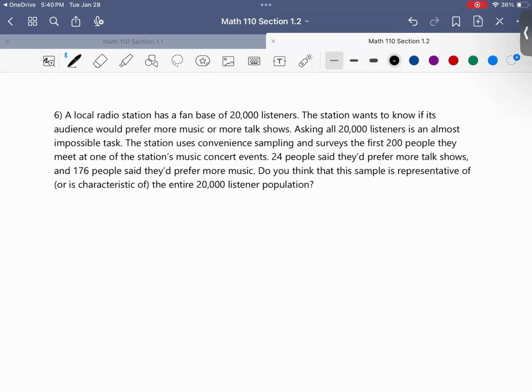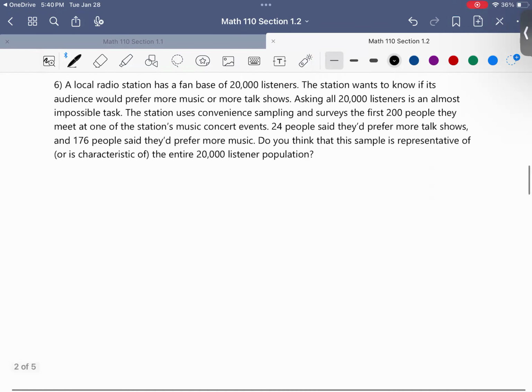The station uses convenience sampling and surveys the first 200 people they meet at one of the station's music concert events. 24 people said they prefer more talk shows, and 176 people said they prefer more music. Do you think this sample is representative of the entire 20,000 listener population?